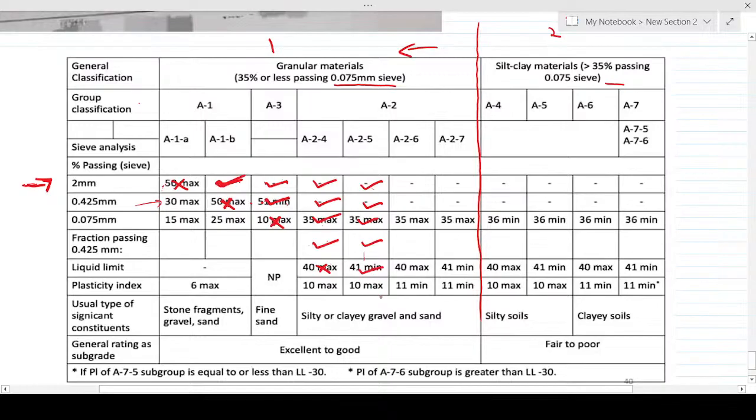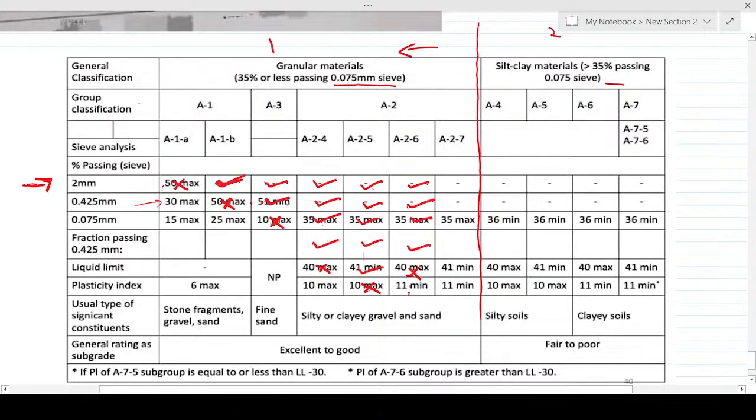So satisfied. Now our PI, which is the Plasticity Index, which is the liquid limit minus the plastic limit that we calculated. 55 minus 26, what did we get? We had 29. But in here, the maximum is 10, not satisfied. So we have to move. But we have to check the remaining top. So here, satisfied, satisfied, satisfied. Over here, the maximum is 40, but the liquid limit we have is 55, not satisfied.